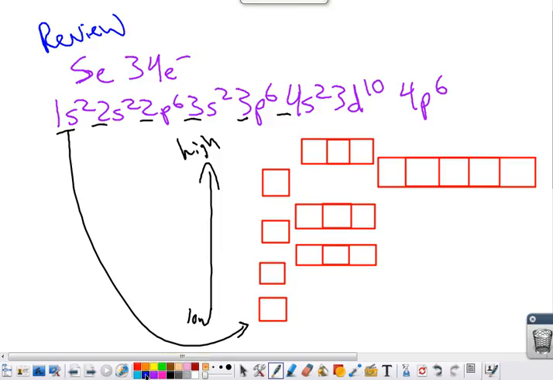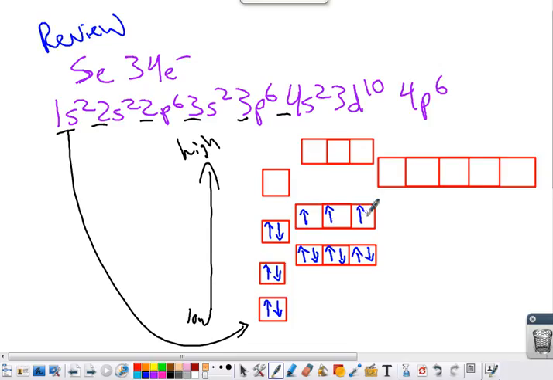Anyway, let's put the electrons in there. We've got 2 electrons, opposite spin. 2 electrons, opposite spin. 1, 2, 3, 4, 5, 6.